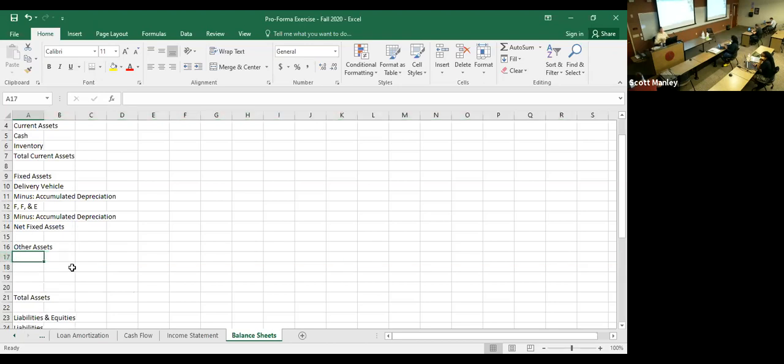I have some very specific other assets. First among those is the security deposit with my landlord. And maybe a security deposit with my utility companies if I go to that level of detail, right? Now, why am I considering that an other asset instead of a current asset? Because really what this is, it's cash that's held by my landlord, right?